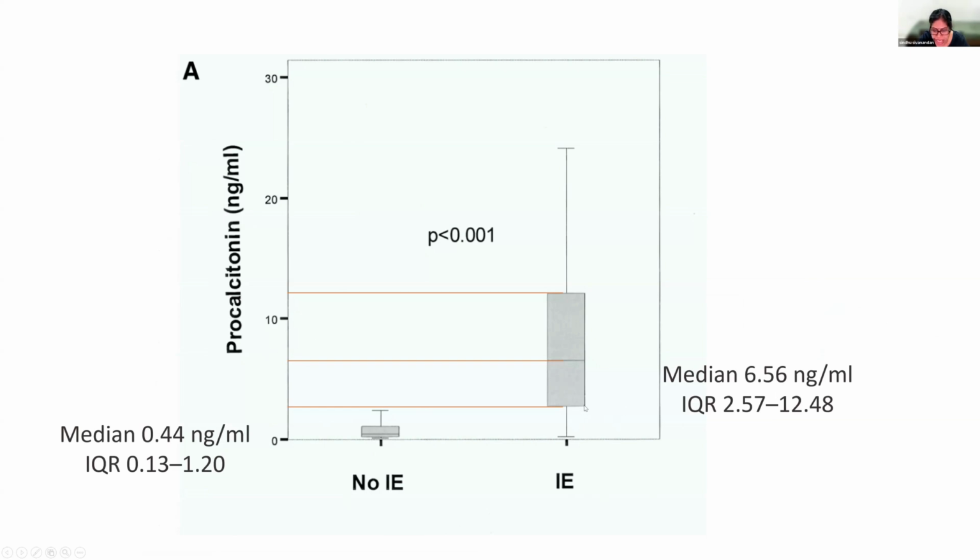The 25th percentile is 2.57 and the 75th percentile is 12.48. These are the minimum and the maximum values. So that's how from the box plot we can derive a lot of information.